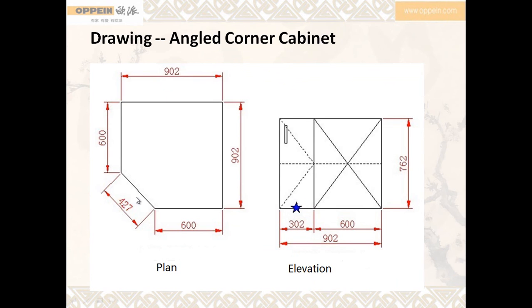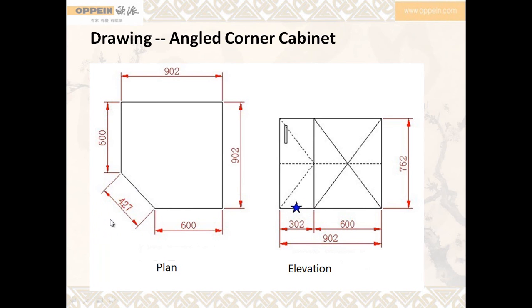The picture on the left side is the plan of angled corner cabinet. Here you can see the width of the cabinet is 902 millimeters, and the depth of the cabinet is also 902 millimeters. The length of the bevel edge is 427 millimeters.